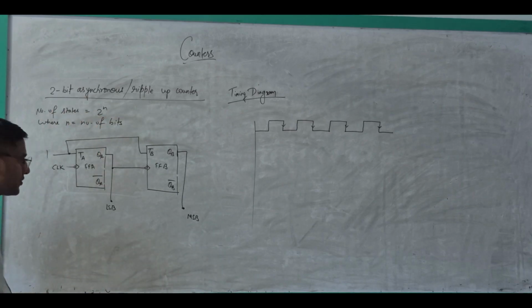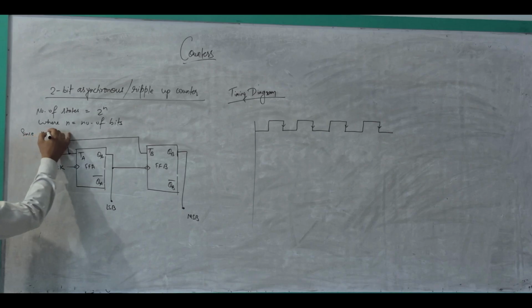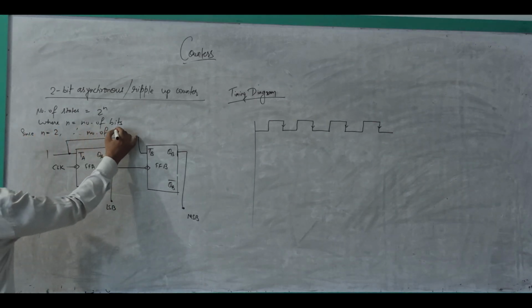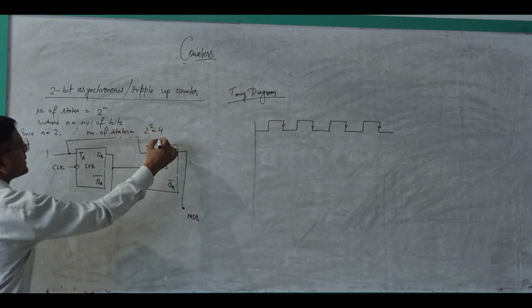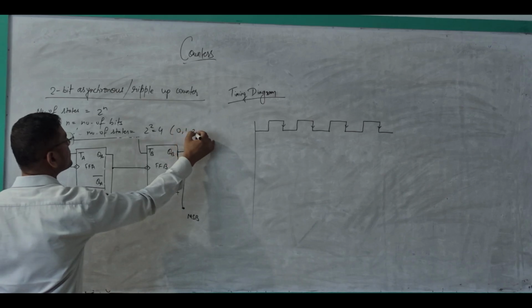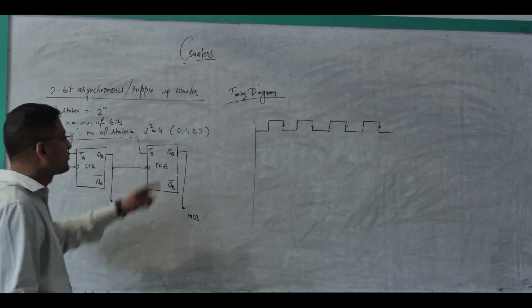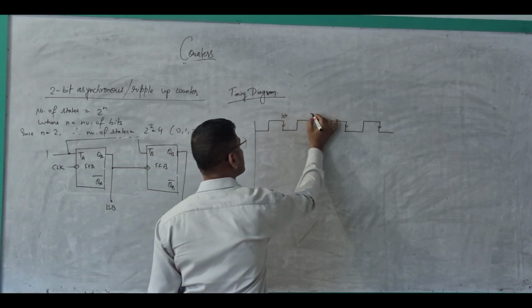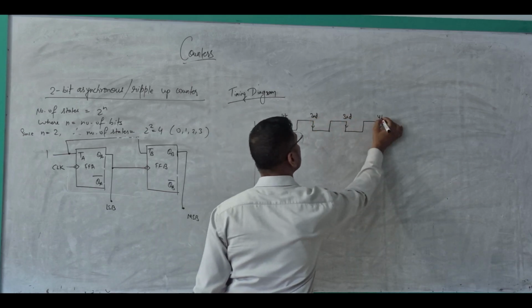Means the number of states will be 4, that is 0, 1, 2, 3. So 4 clock pulses: this is the first, this is the second, this is the third, and this is the fourth.